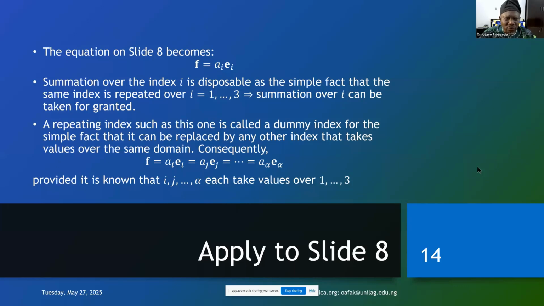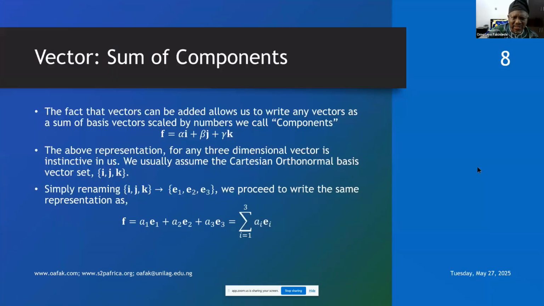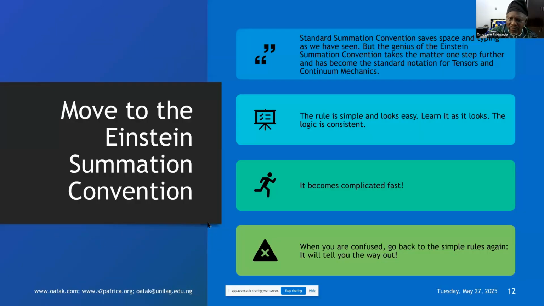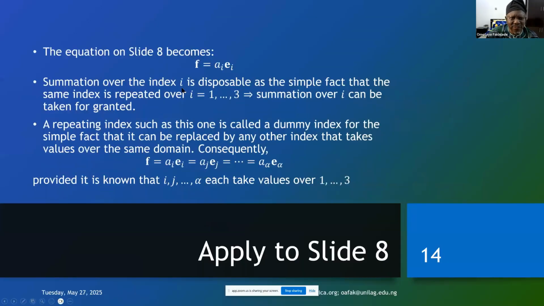If you look now at the equation on slide 8, let us go back to slide 8. This is slide 8. The last equation, F is equal to A1 E1 plus A2 E2 plus A3 E3, which is the summation from i equals 1 to 3 of Ai Ei, can now be written as F is equal to Ai Ei.